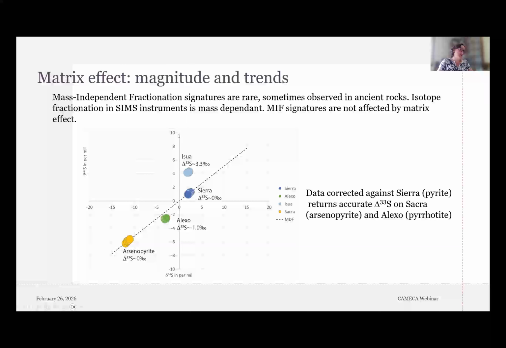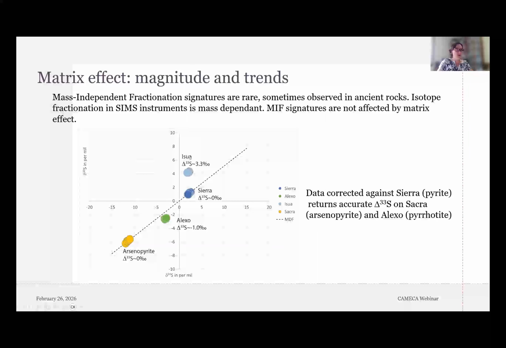I reproduce the delta 33 versus delta 34. This is the mass-dependent line, and we see that the arsenopyrite and the pyrite reference materials are on this line, and indeed, their true value does not record a mass-independent fractionation.